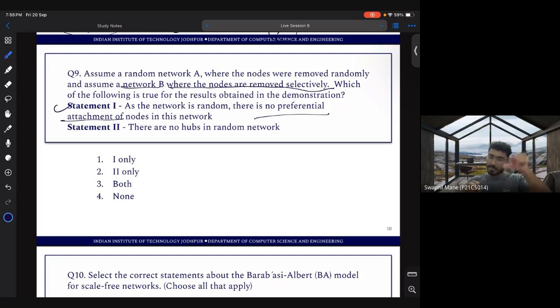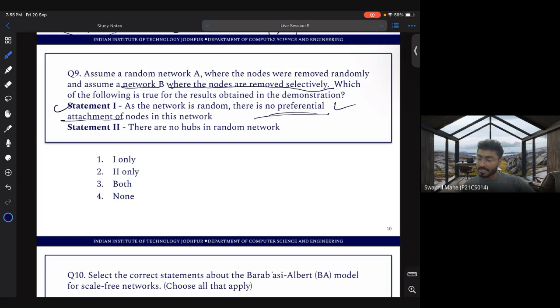It is randomly connected to any node. That is random graph generation, right? This is how a random graph works. Preferential attachment says that the new node is connected to a higher degree node, which does not follow the random graph, right? That's why this statement is correct. It is saying it does not follow preferential attachment.